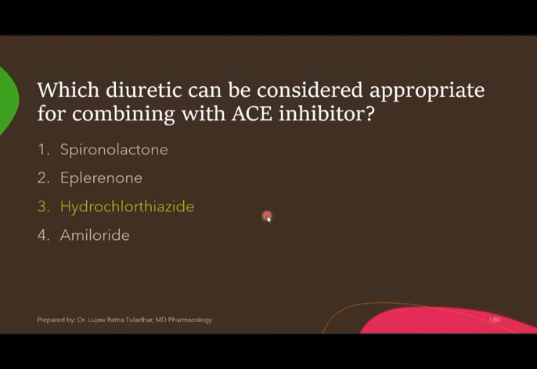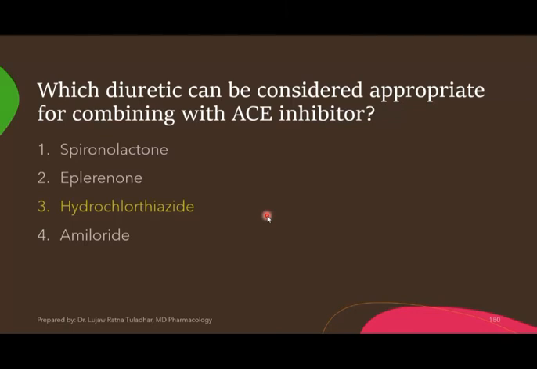Now, generally ACE inhibitors are contraindicated in a hyperkalemic state. Meaning whenever the level of potassium in your body is very high, in such a scenario ACE inhibitor-like drugs, which are another antihypertensive drug, should not be used.